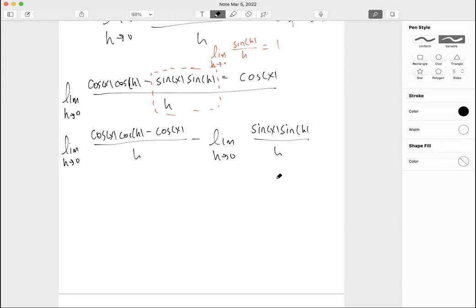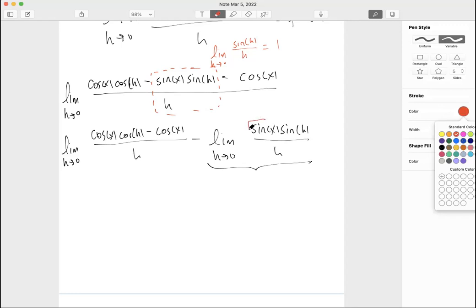Is that okay? Yeah, that makes sense. So let's take this one first. Notice that sine of x, there's no h there, right? So do you agree that as h is changing, sine of x is not changing at all, right?